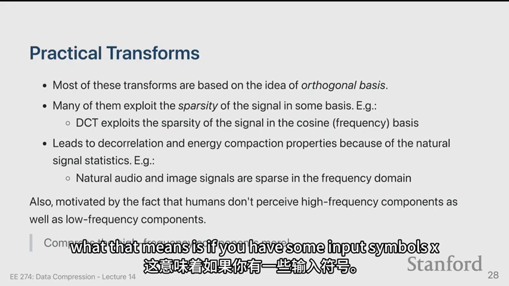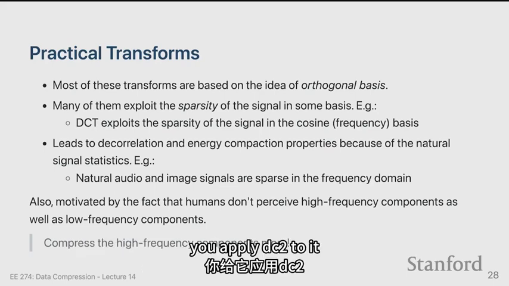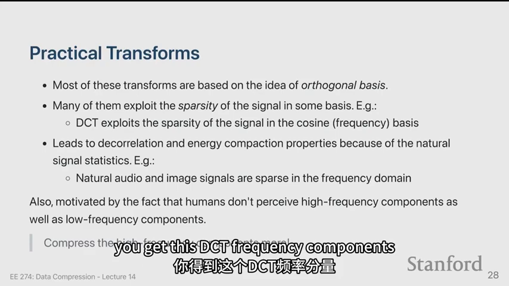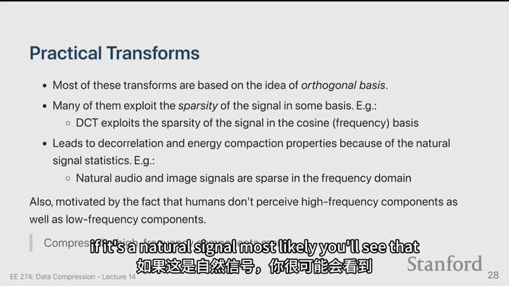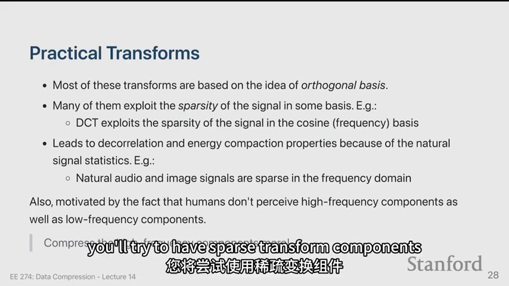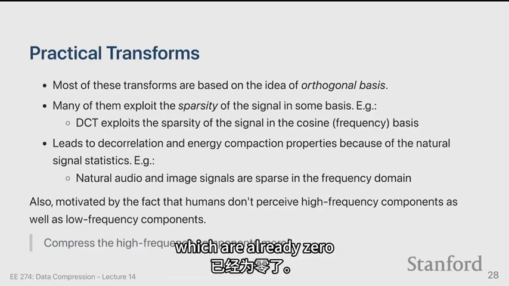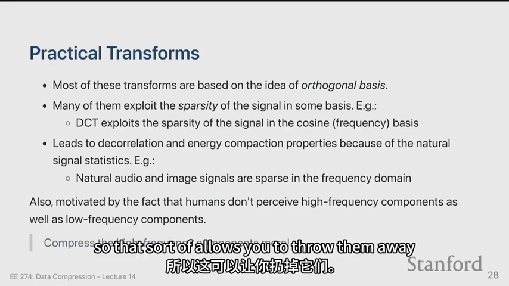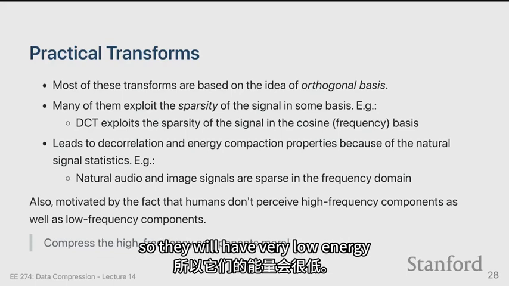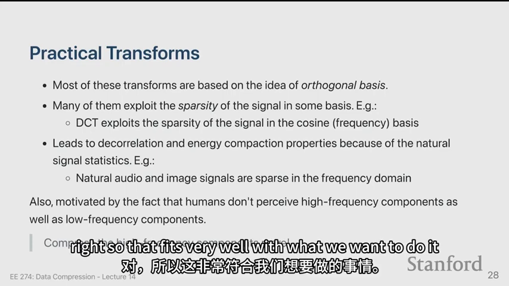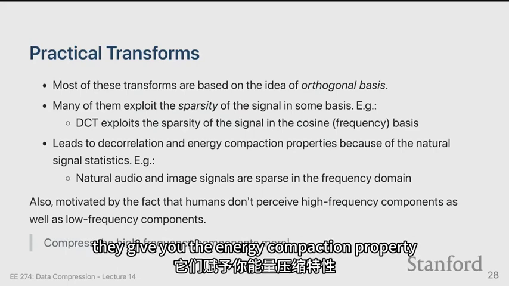What that means is if you have some input symbols X, you apply DCT to it, you get these DCT frequency components. If it's a natural signal, most likely you will see sparse transform components. You'll have transform components which are already 0, which allows you to throw them away. They will have very low energy, right? So that fits very well with what we want to do. They give you the energy compaction property.